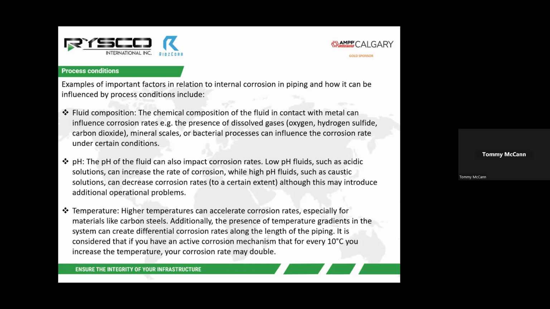On the high pH fluid side, we have maybe caustic solutions. There's potential in certain extents that corrosion could be reduced, but it can also result in additional operational problems.